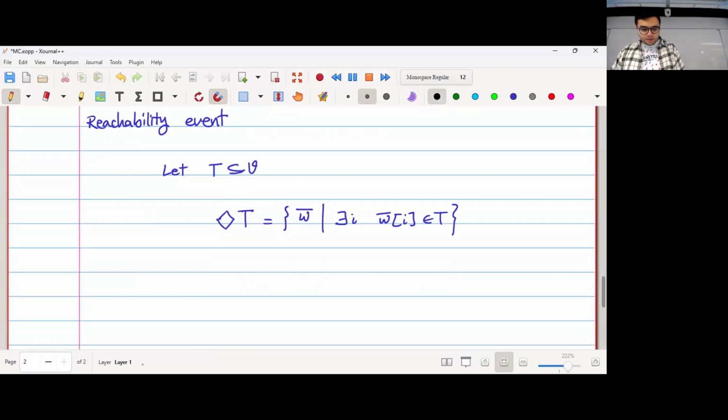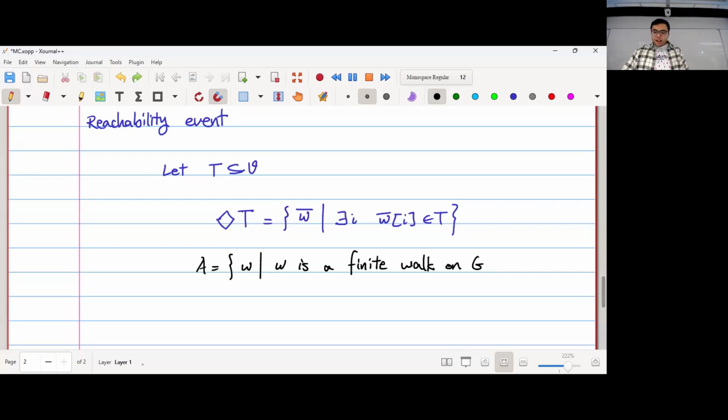So basically I can do this. I can say let A be the set of all W such that W is a finite walk on my graph, right?